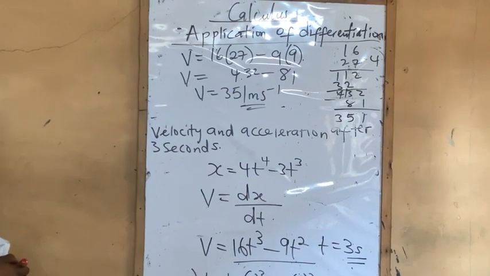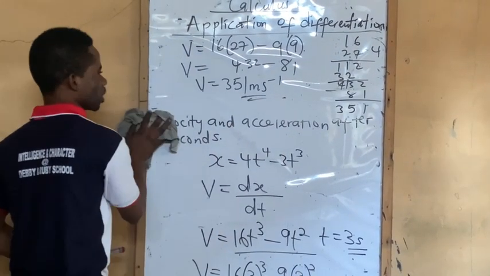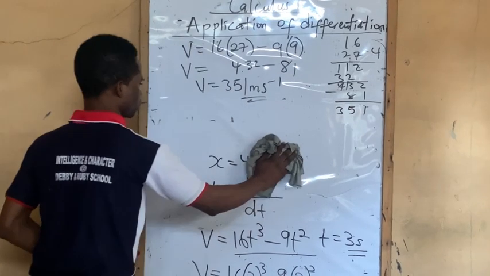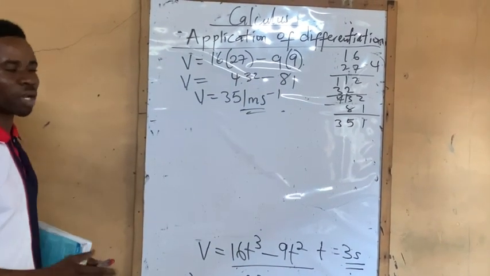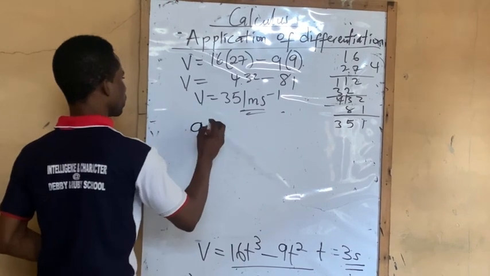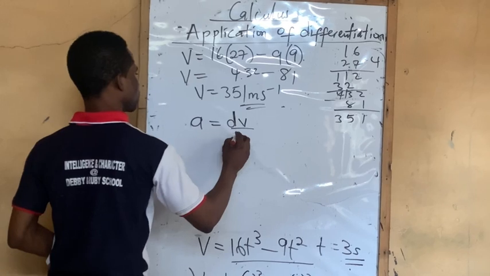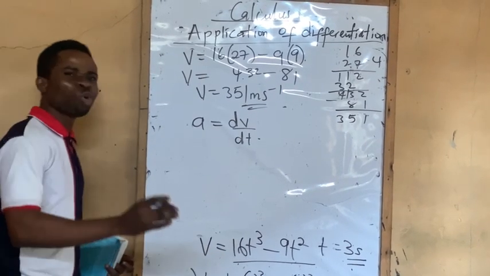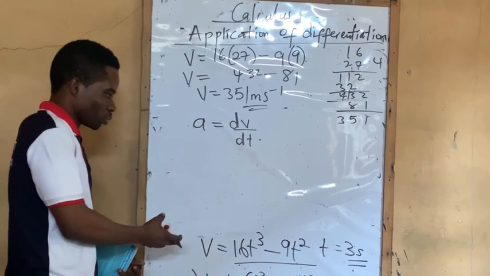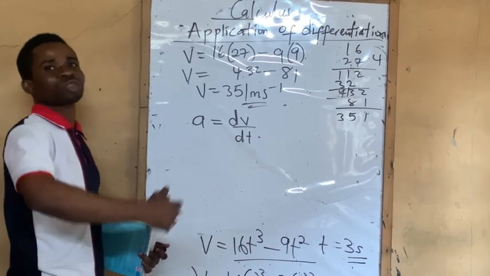That's for velocity. Now, for acceleration, I told you that acceleration is dv/dt. We differentiate velocity. But if they don't give us velocity straight, like this one, they give us distance straight. Let's say they just ask us to find the acceleration.